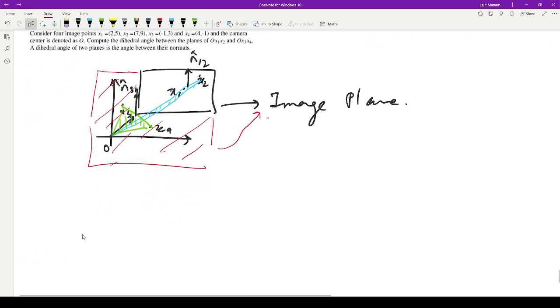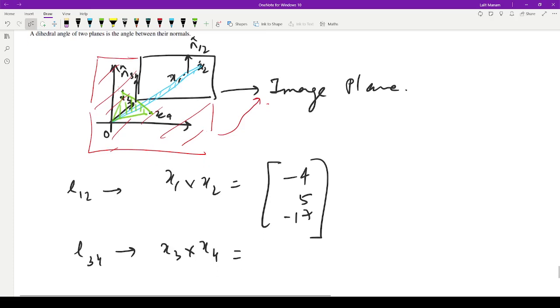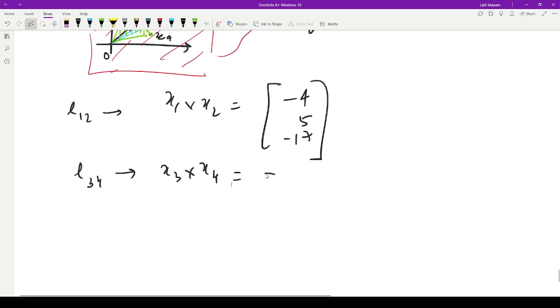Okay. So again, in a similar way, we first try to find the line containing the points x1 and x2, which is just x1 cross x2, which gives us -4, 5, -17. These are just simple computations. And the line l34, which contains the points x3 and x4, is 4, 5, -11.